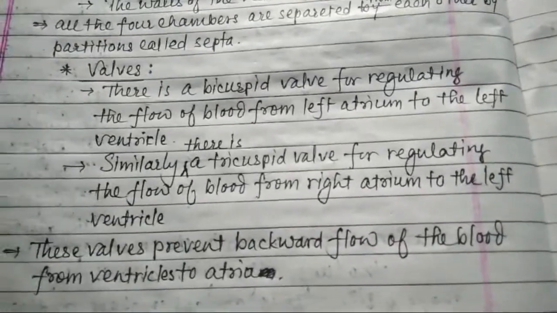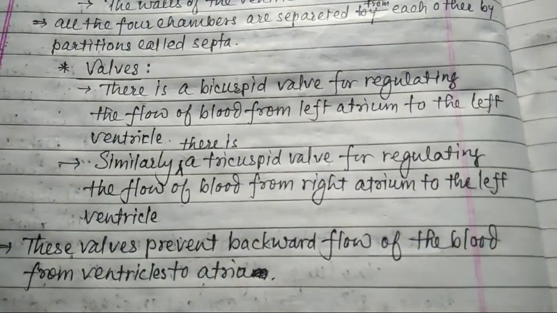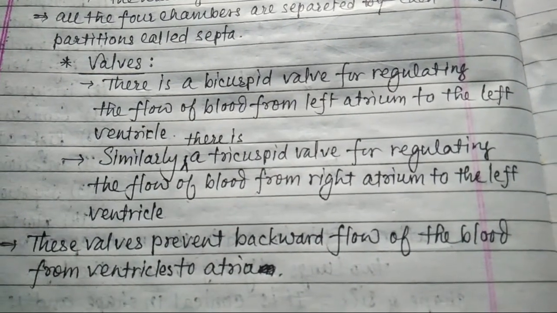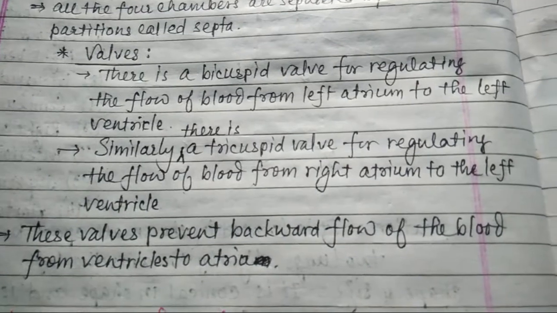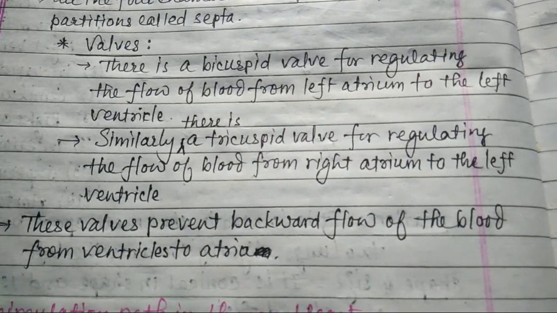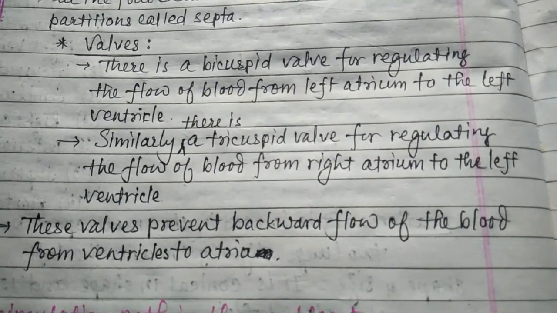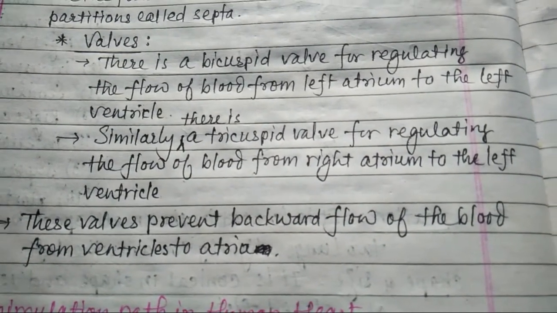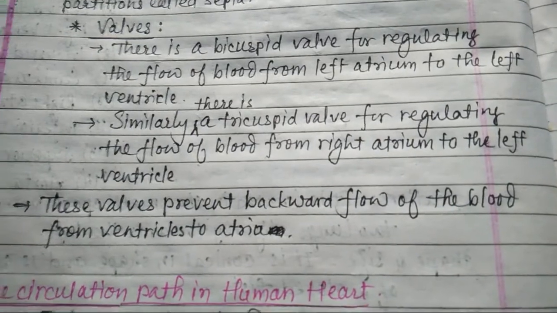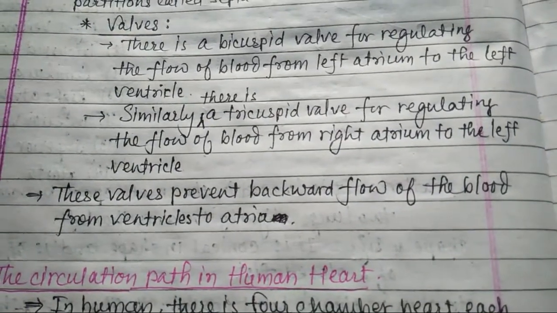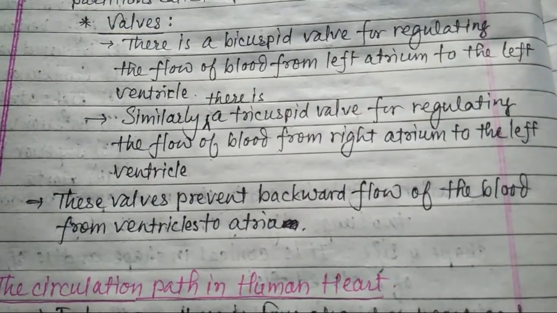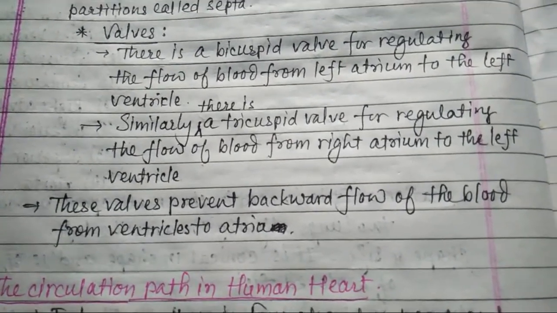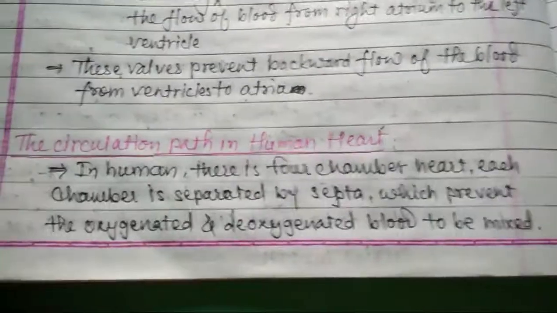Valves: there is a bicuspid valve for regulating the flow of blood from the left atrium to the left ventricle. It is called a bicuspid valve. And the tricuspid valve is between the right atrium and right ventricle to regulate the flow of blood. These valves prevent backward flow of blood from ventricle to atria. So these two valves are very important in the heart.